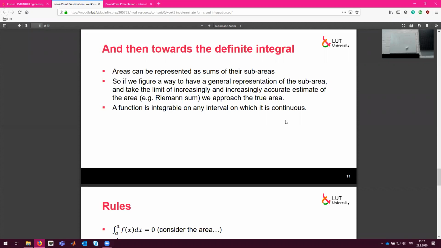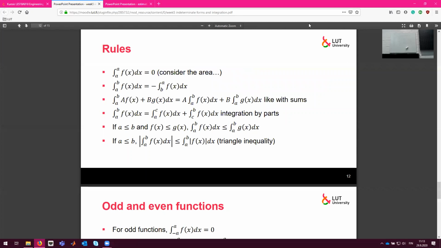And that's the definition of the Riemann sum. If we cannot estimate the average value of the interval in general, then we could estimate that maybe more accurately in smaller intervals.